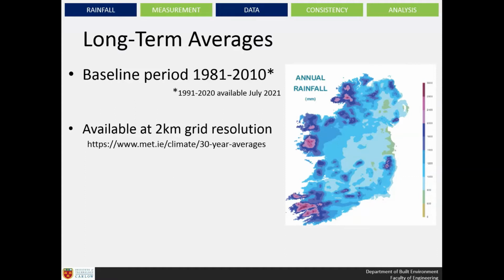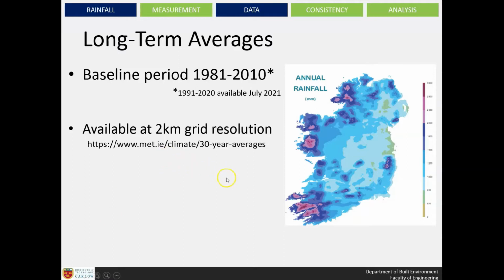Rainfall obviously has a high level of variability day to day, week to week, month to month. So if you're trying to characterize rainfall patterns, you use long-term, 30-year averages. The current reference period is 1981 to 2010. That's shortly going to be updated to 1991 to 2020.